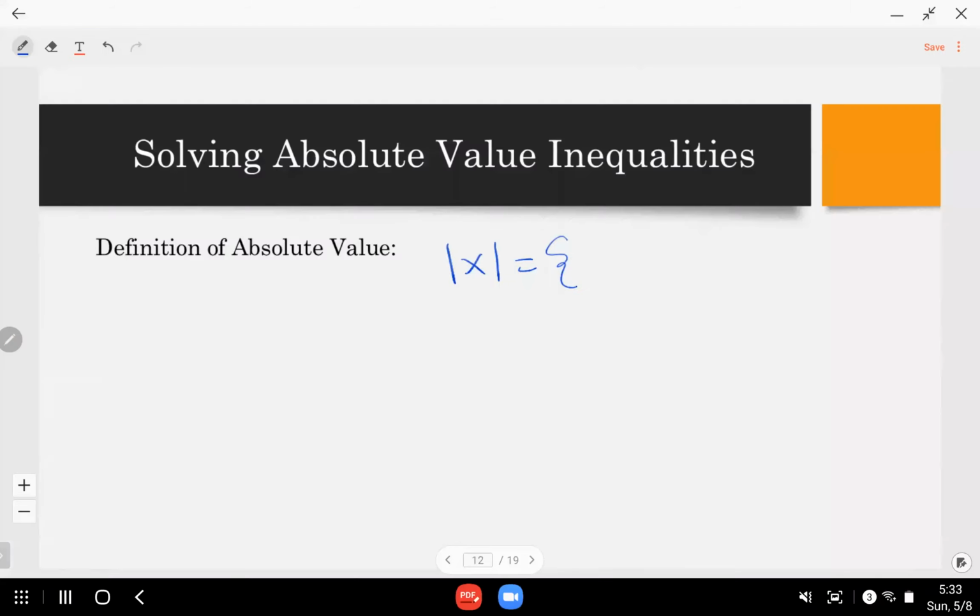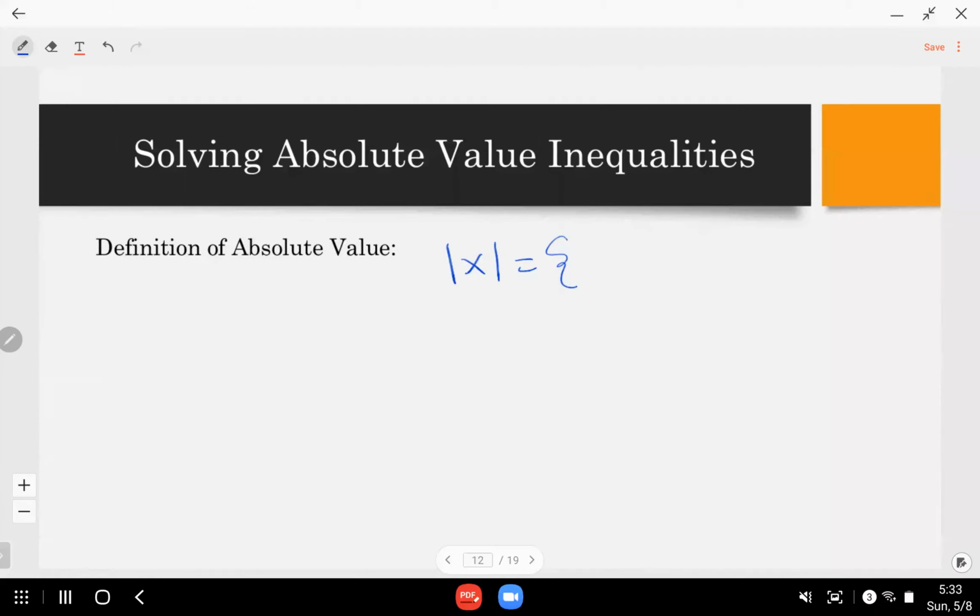Basically, the absolute value is the distance from 0 to x. That just means the absolute value of x has to be a positive number.